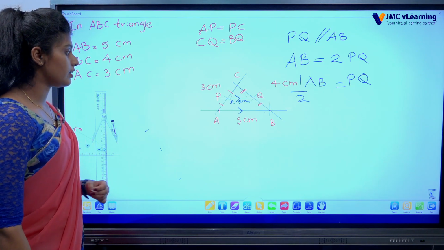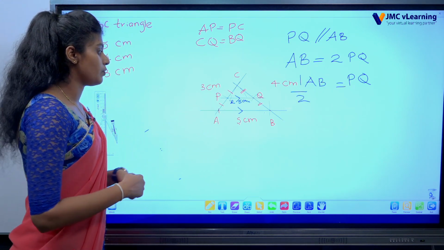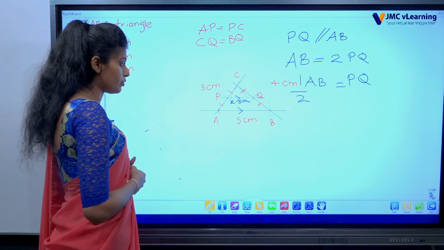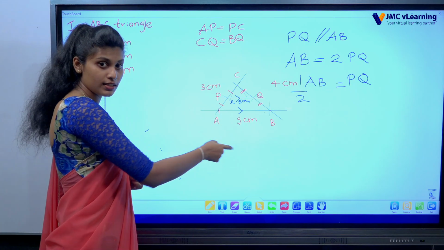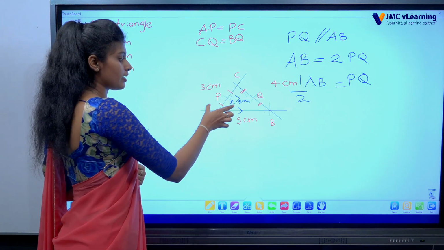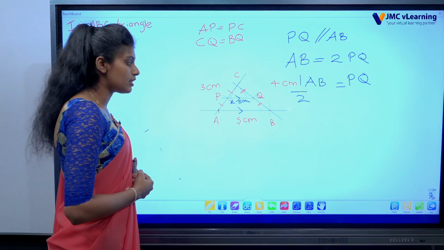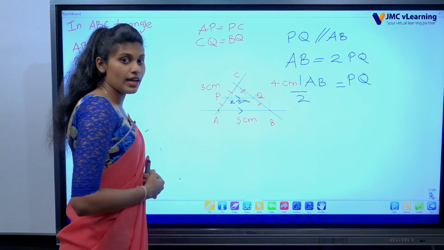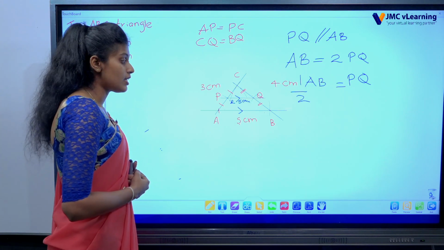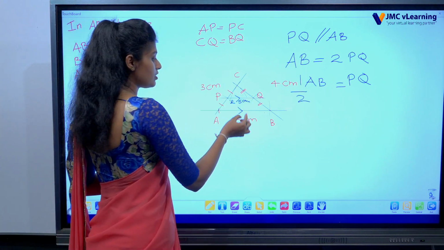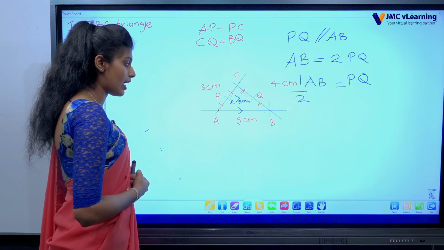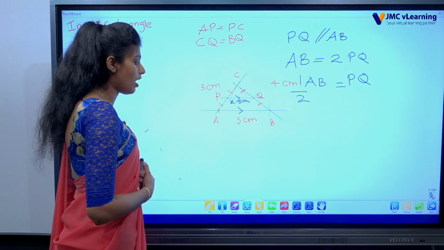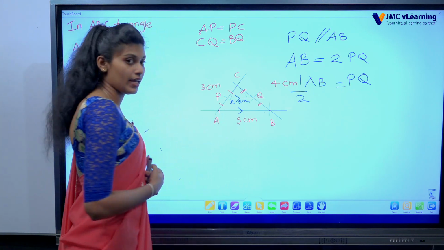Now we can tell when the line which going through the midpoint of two lines is parallel to the third side, and that line is the half of the third line. Again I am telling, the line that going through the midpoint is parallel to the third side and the PQ line is half of the length of AB.